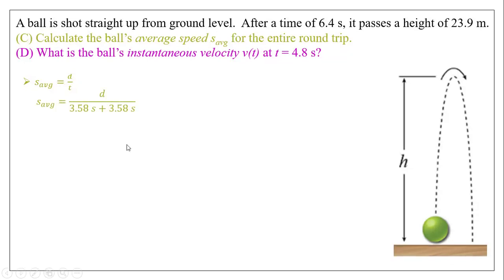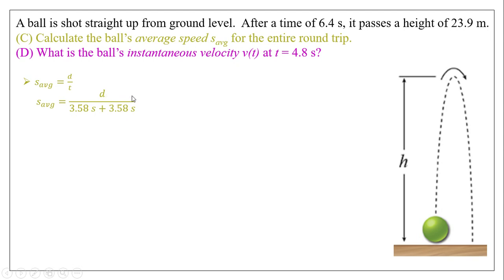We already know the time that it takes to go from bottom to top is 3.58. So by symmetry, it would take the same amount of time to fall back down. So in the denominator here, I have 3.58 seconds plus another 3.58 seconds. The first 3.58 seconds is for it to rise, and the next 3.58 seconds is for it to go from peak all the way back down to the ground due to symmetry.